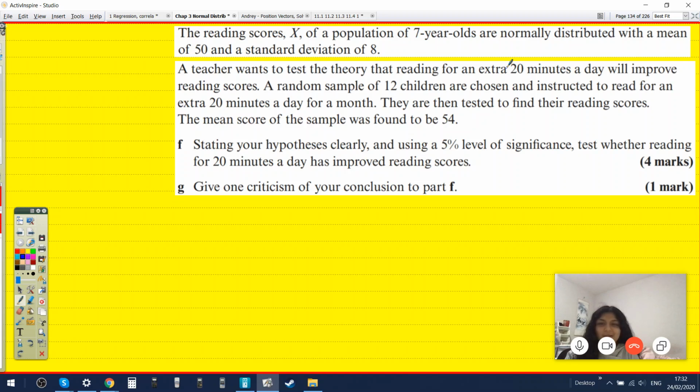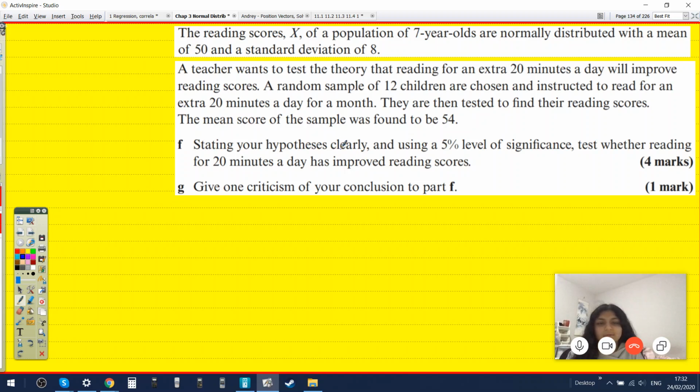The scores might not be normally distributed. Oh. Yeah, of the conclusion. So it's given that they are normally distributed. Not sure. Let me see. There could be other factors. Oh yeah, that could affect reading score.